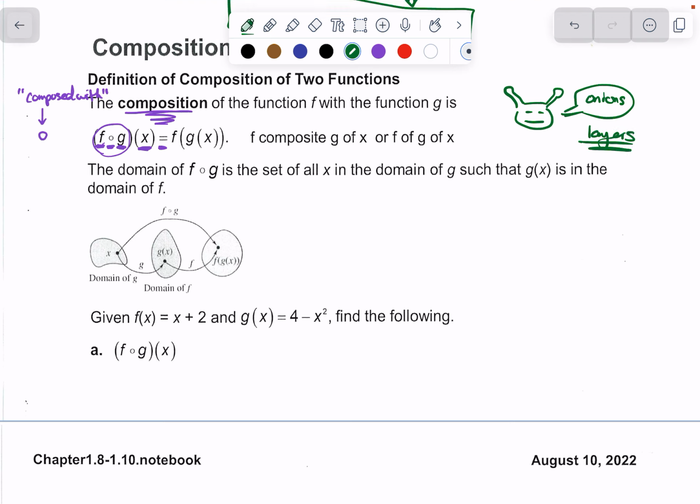Essentially, there's an inner layer here, and then you have this outer layer of f. So the inner layer is the g of x function, and you're taking that inner layer and plugging it into, right? Notice how it's inside of the parentheses for f of x. You're plugging another function as the input to another.